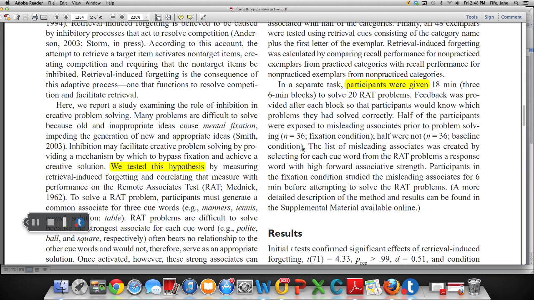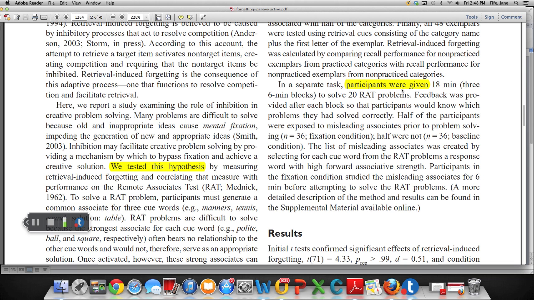Now, when you find passive voice, that is an example of not having the subject included before the verb. You use a form of the verb to be in the past participle here to say things like participants were given. Okay?